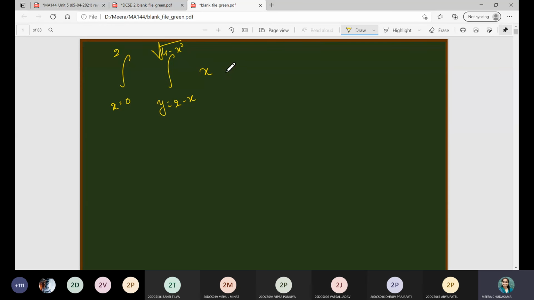Integrand is just x dA. So if I draw these particular lines, x is equal to 0 means it is the y-axis, x is equal to 2 means it will be, suppose 1 2 3, so x is equal to 2 will be this particular line.